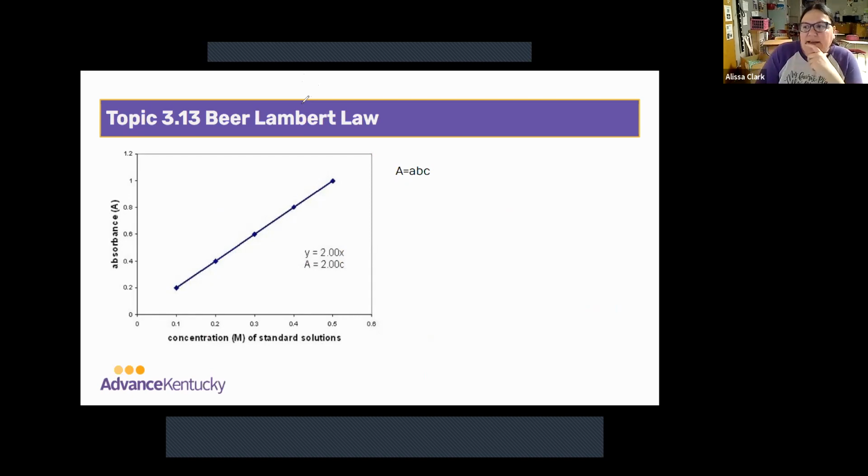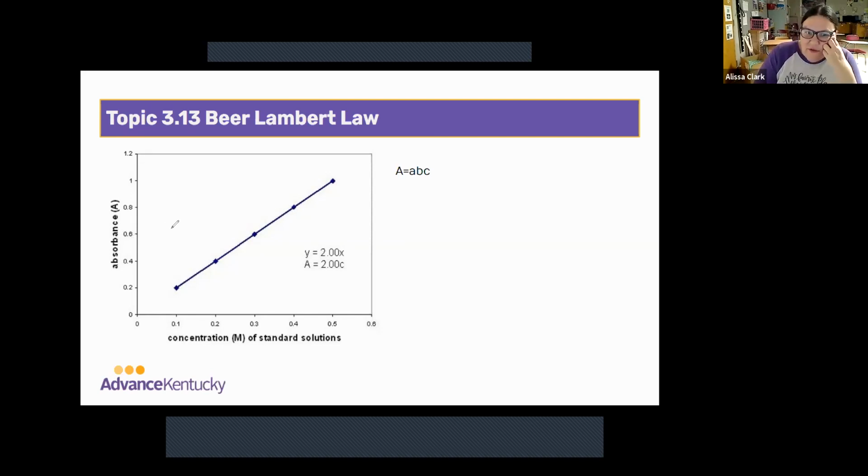How concentrated is the solution? We can also measure that with a spectrophotometer. There's a direct relationship between the concentration of a solution and how much light that solution will absorb, or how intensely colored that solution is going to appear to be.